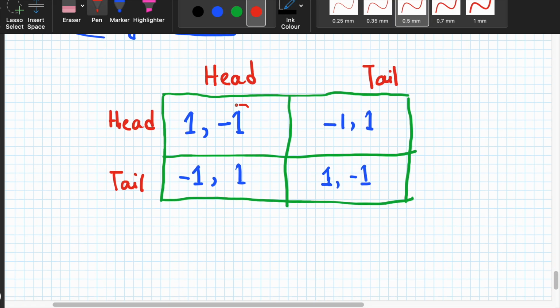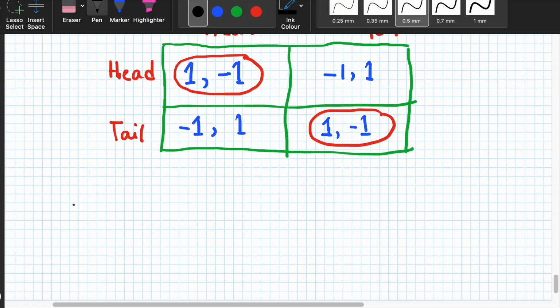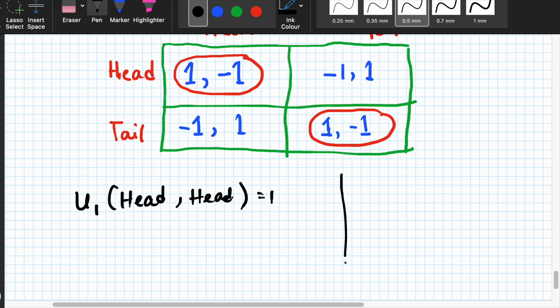Now in both of these two cases, the utility of player 1 is the same: the utility of head is 1 and also the utility of tail.